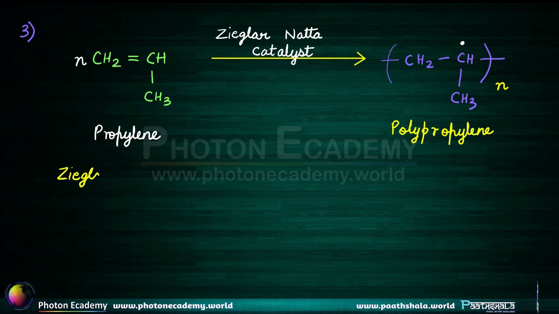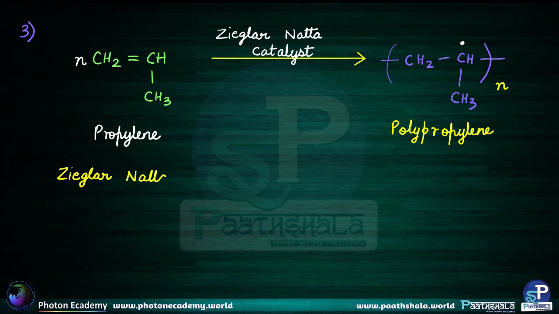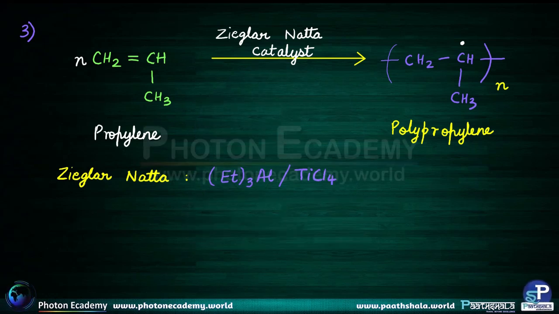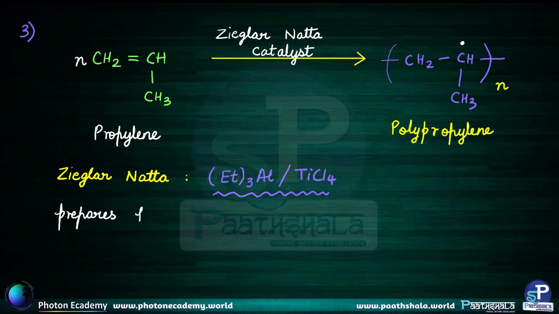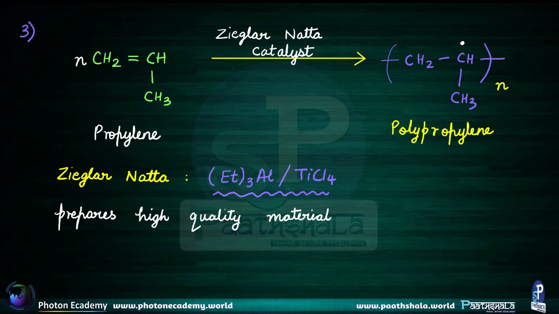That is Ziegler-Natta. Now, what is the Ziegler-Natta catalyst? It is nothing but Et, which refers to the ethyl group, and then we have TiCl4. So, this is the representation of Ziegler-Natta. Because of this Ziegler-Natta catalyst, it prepares high quality material with proper orientation.